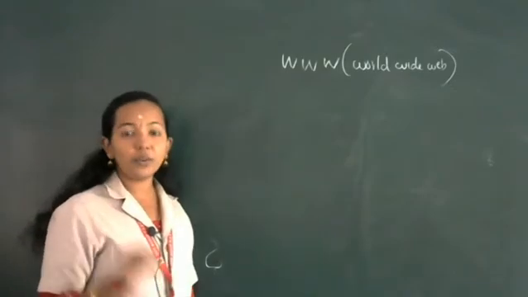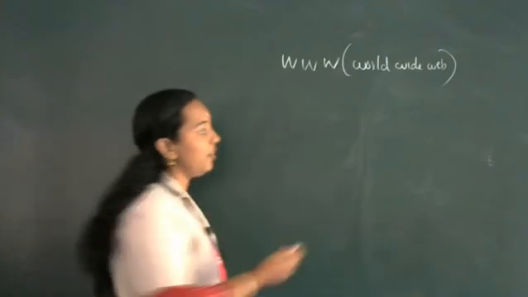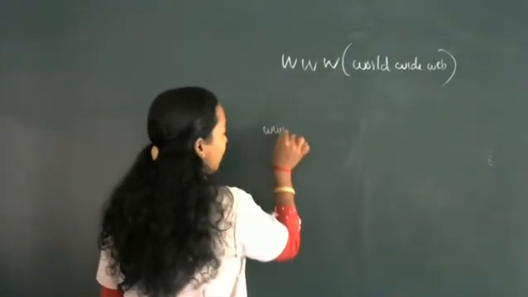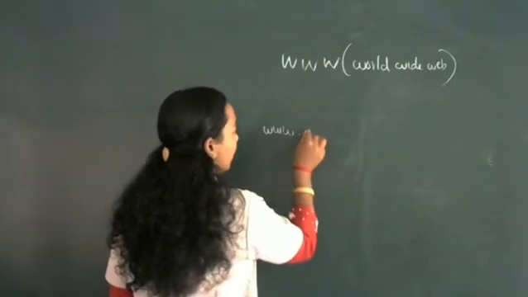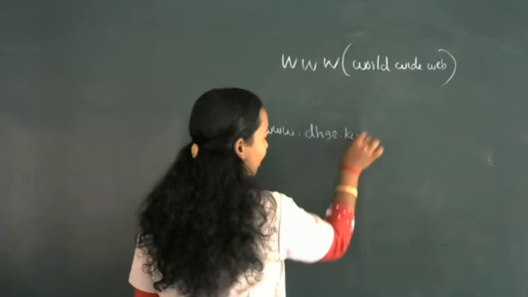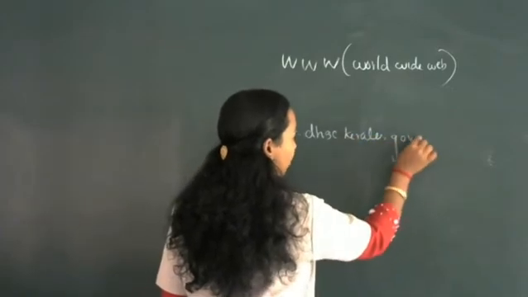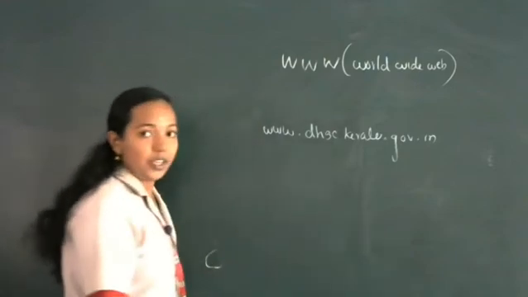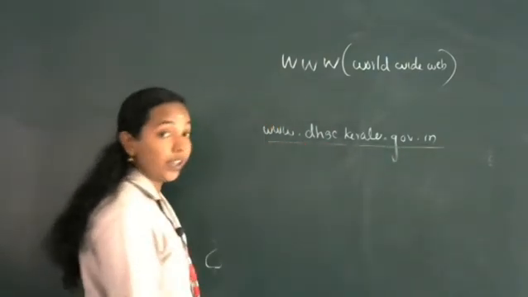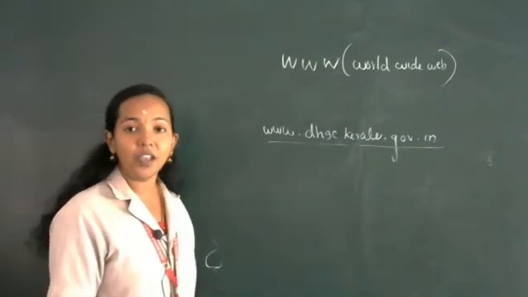We already know www is a part of URL. For example, we can write a URL www.dhskerala.gov.in. This is known as the domain name of a URL.